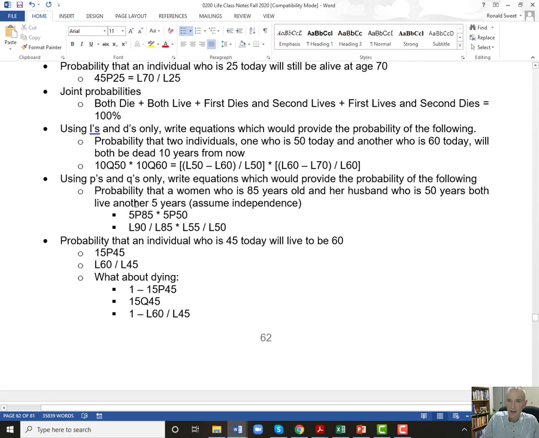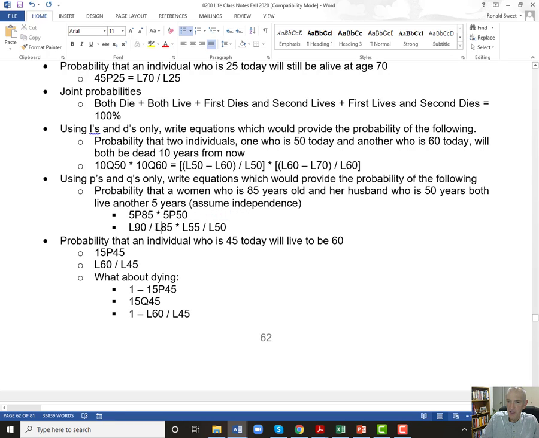Using P's and Q's only, write the equation which provides the probability that a woman who is 85 years old and her husband who is 50 will both live another 5 years. That's actually pretty straightforward: 5p85 times 5p50. If you did it with L's, when you're doing living, you just do L90 over L85.